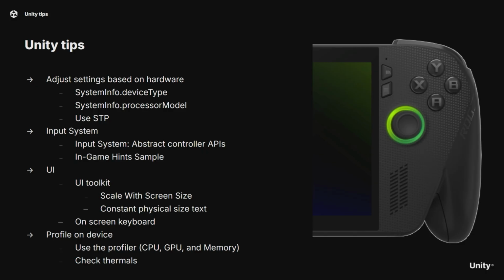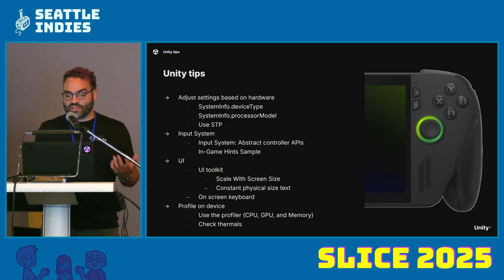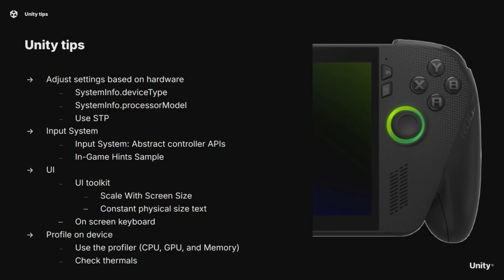So how do you do this inside of Unity? Here are some tips that we came up with to get you started. First thing is to adjust the settings based on the hardware. You can detect what device you're running on by using the System Info API at Unity. The device type call here will return handheld if it's running on a PC handheld. So right away, you can know this is a PC handheld and do all the appropriate logic afterwards.